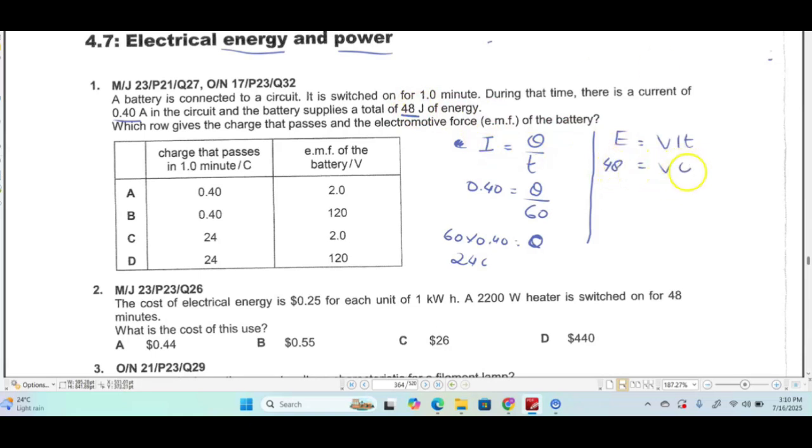We have to find current is 0.40 and time again is 60. So after you're done with the calculation, you are going to get 2 volts is equal to V. So our answer is going to be C.